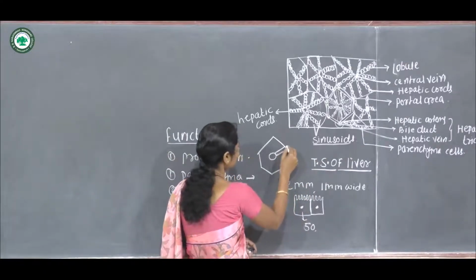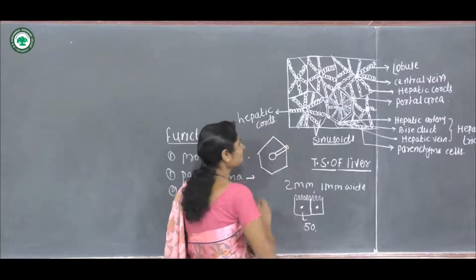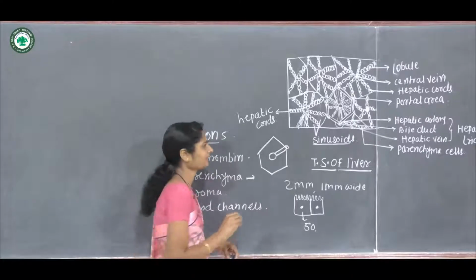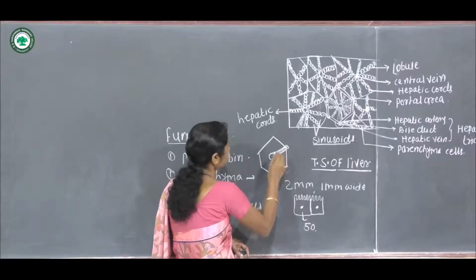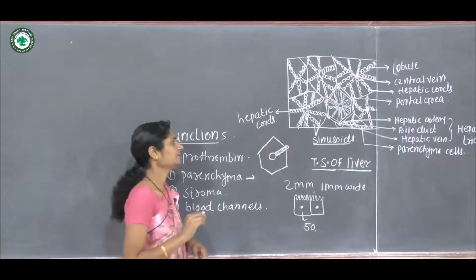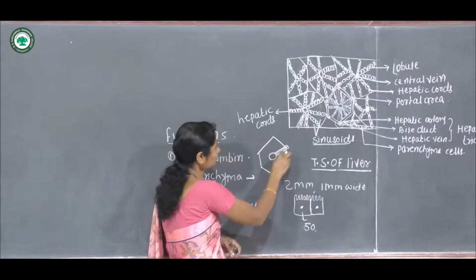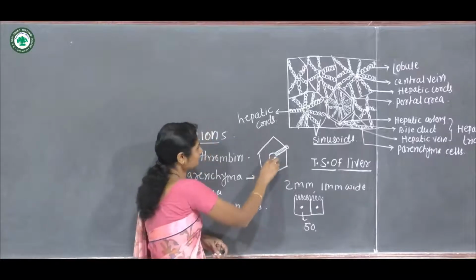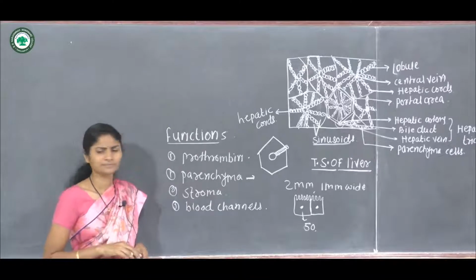In this sinusoid, blood from the hepatic artery and hepatic portal vein enters, and flows towards the central vein. This blood is collected in the central vein.